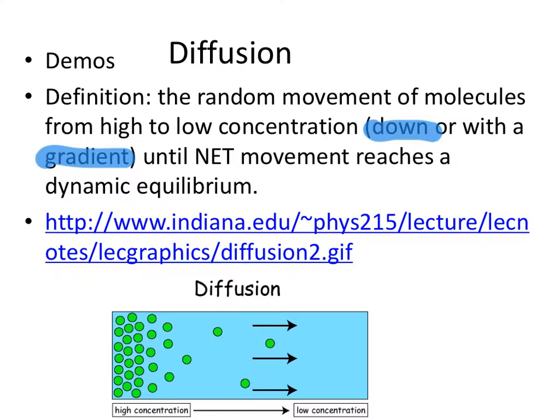Another important thing is that it's a dynamic equilibrium. So it's not as though the molecules spread out and then are just stuck in place. They spread out and then they're still moving around. They're just moving equally so that they remain spread out throughout this space, the room or the beaker or whatever. But movement doesn't stop. It keeps going.